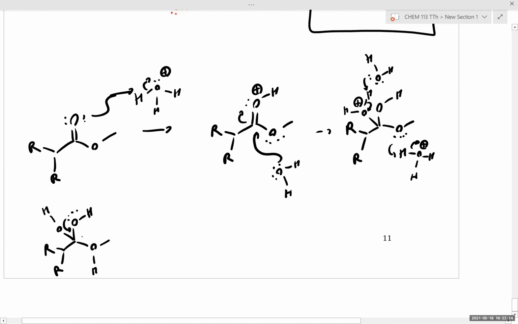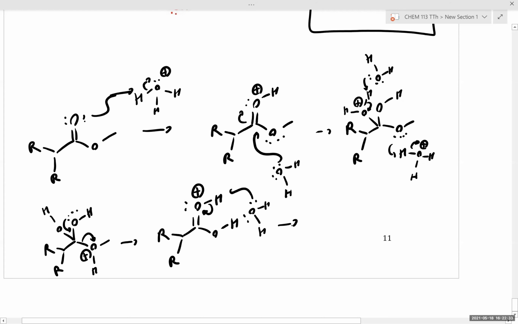From here, now that we have our activated leaving group, we can kick out our leaving group and get our carboxylic acid. And this mechanism is exactly the same as the first step. As a cleanup step, we'll deprotonate the carboxylic acid to generate the neutral form of our carboxylic acid.